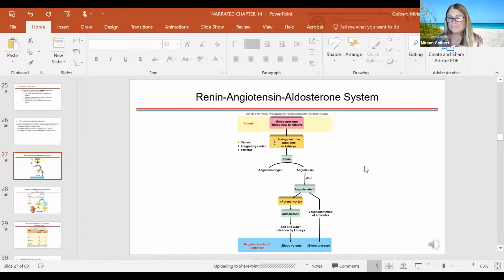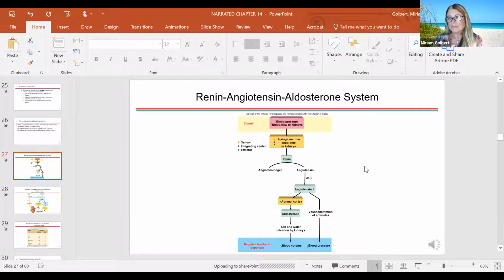The kidneys are not only detecting that, but obviously they're getting rid of the soluble waste. If the kidneys are not getting enough blood flow, they're not going to be cleaning the blood as well, and you're going to be building up toxic waste in the blood, right? So that's why kidneys are so related to cardiovascular, right?